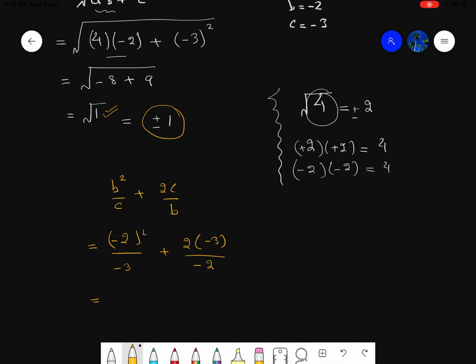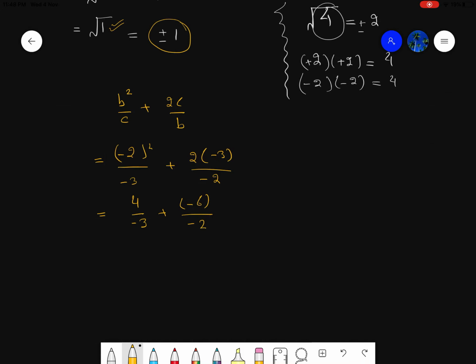So if you simplify this one, minus 2 whole square is plus 4 over negative 3, and plus 2 times negative 3 is negative 6 over negative 2. And further simplify this one, this is minus 4 over 3.